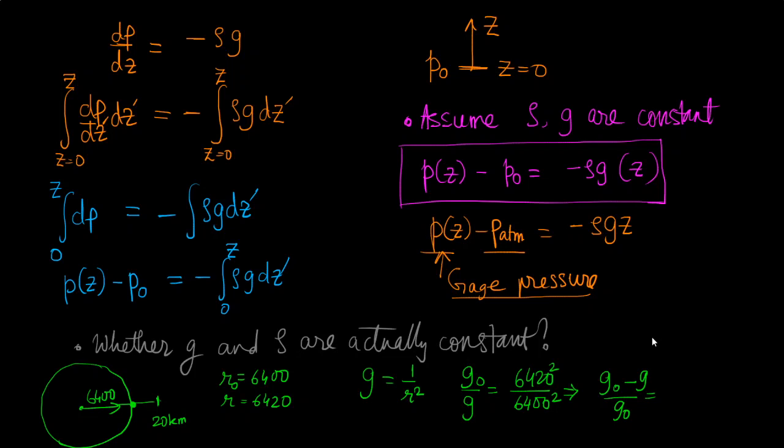It is 6420 square minus 6400 square divided by 6400 square times 100. So it actually comes out to be 0.625%. So this is a percent, it's not even the ratio. The ratio is 6.25 times 10 to the power minus 3. So the variation of gravity can actually be neglected in these calculations.